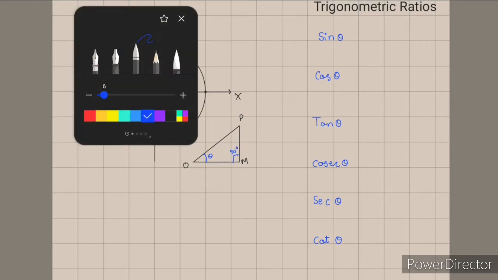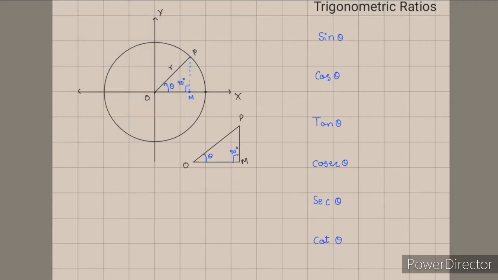Now OP is called the hypotenuse, which is opposite to 90 degrees. In a right angle triangle, the side opposite to 90 degrees is called the hypotenuse. We all know that.